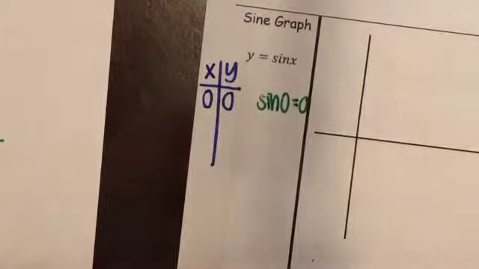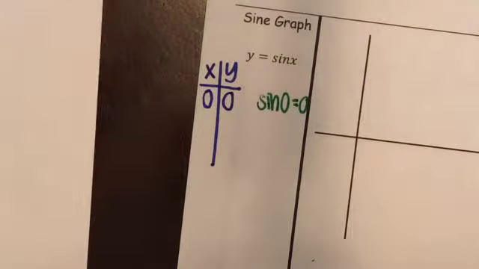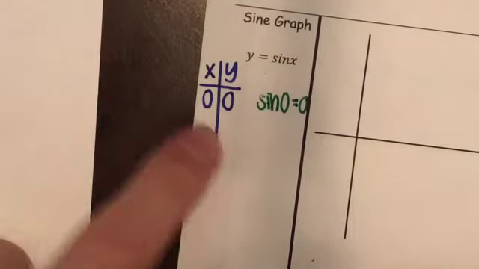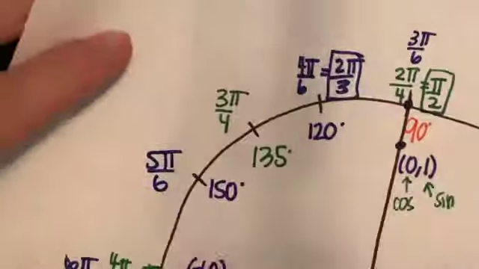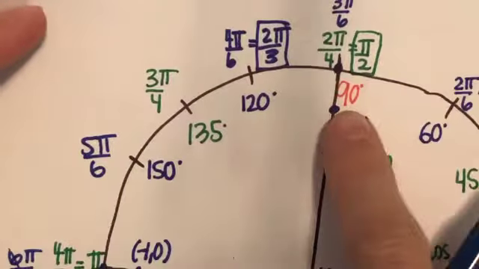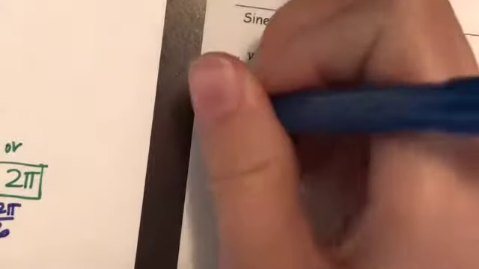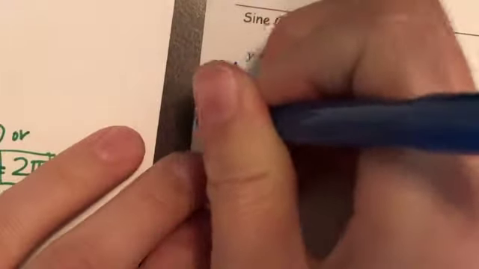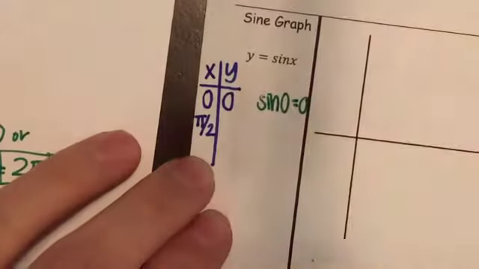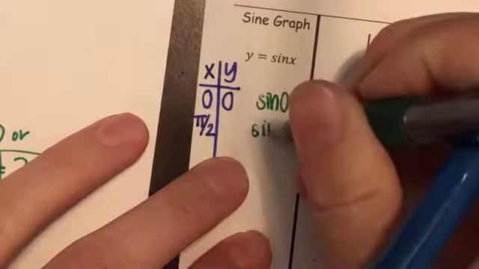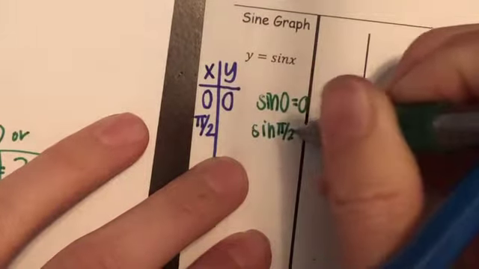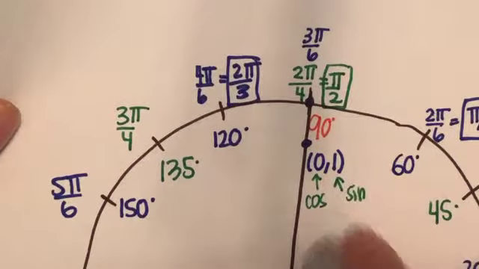Okay. The next thing I'm going to look at is where I'm going to get another nice number for sine up here at the 90 degrees axis. So I'm going to put for x pi over 2, which means 90 degrees. When I put pi over 2, sine of pi over 2, I get what for my sine? 1.